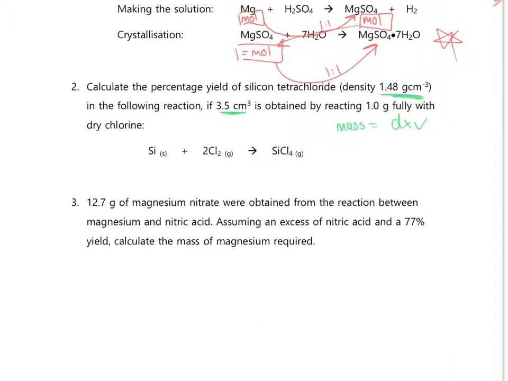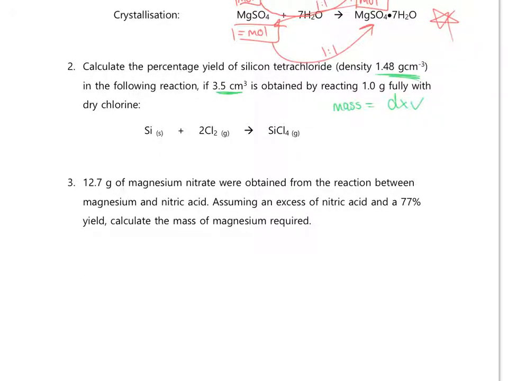Question 3 then is the example type that we were doing just a minute ago on page 24 and 23, where you've been given a percentage yield and you're asked to work backwards. Okay, magnesium is Mg, your nitric acid is HNO3. So your balanced symbol equation is going to be Mg plus HNO3, giving you magnesium nitrate.